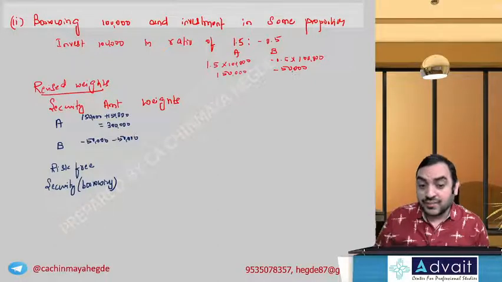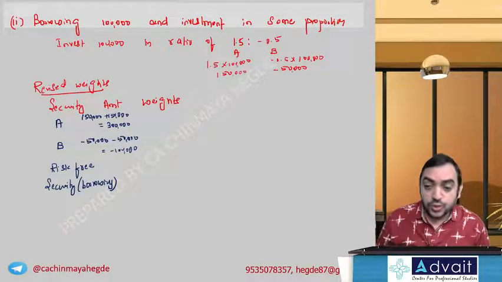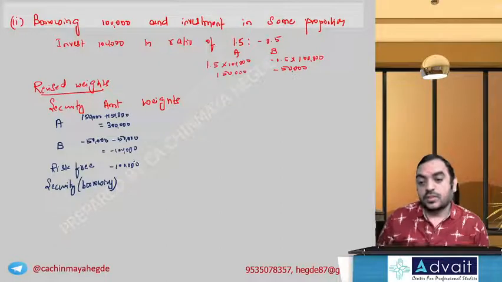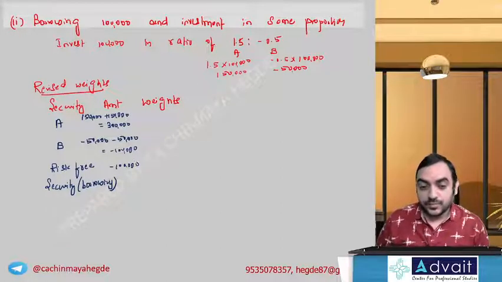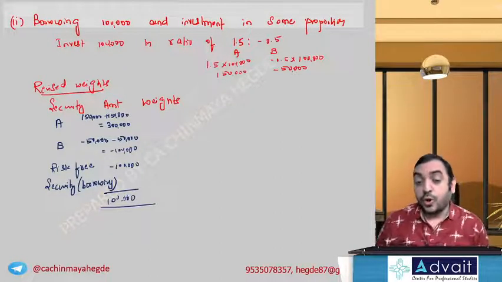So total minus 50,000 becomes minus 1 lakh. And the risk-free security you have borrowed, so that's also going to be minus 1 lakh. You borrowed 1 lakh in money. So that's what I told, borrowing, risk-free security minus 1 lakh.